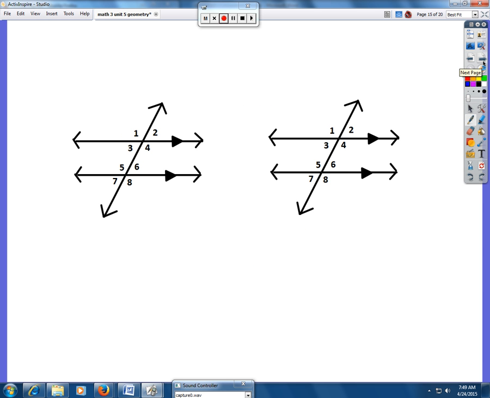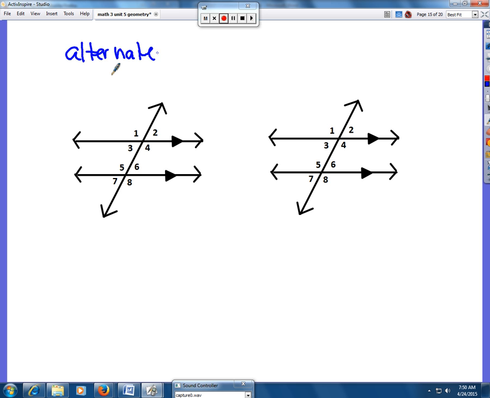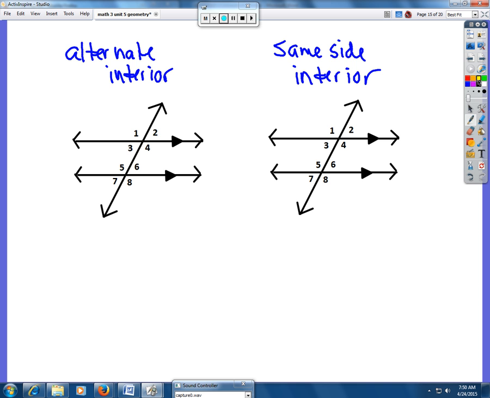The last types of pairs are going to be our alternate interior and same side interior. So we've got interior, which is inside the parallel lines.